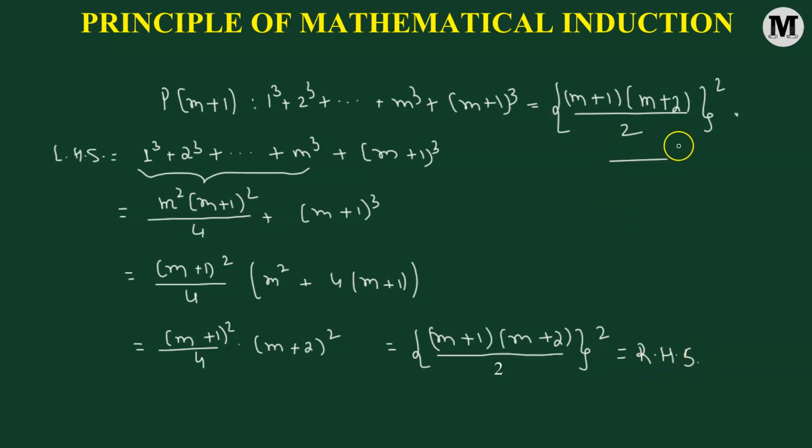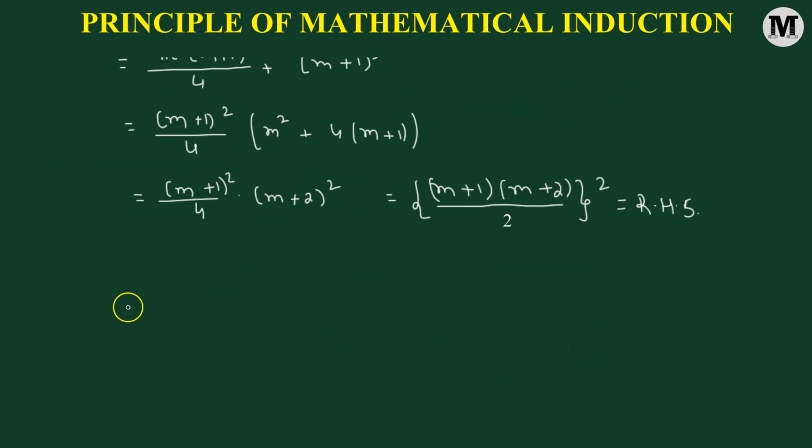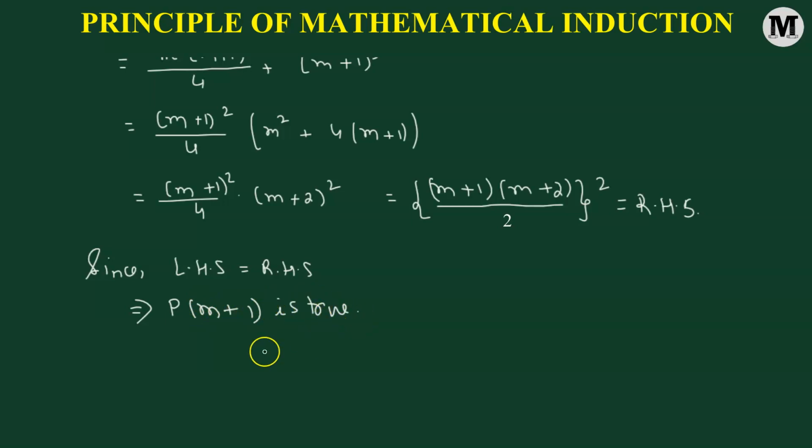So we have successfully shown this. Let's write it down: since the left hand side equals the right hand side, this tells us that the statement P of m plus 1 is true. We have shown that P of m plus 1 is true.